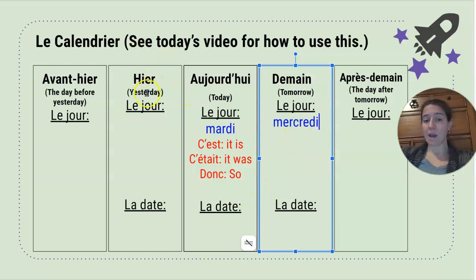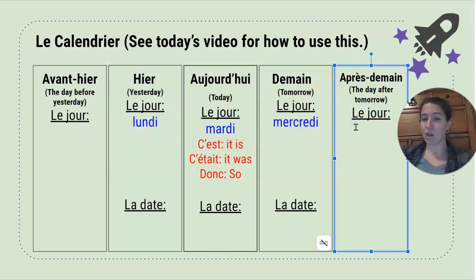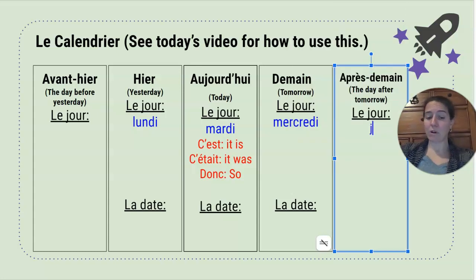Et hier, c'était lundi. Lundi, mardi, mercredi. Demain, c'est mercredi. Donc, après-demain, c'est jeudi.